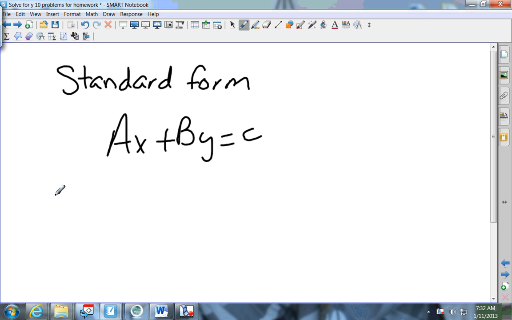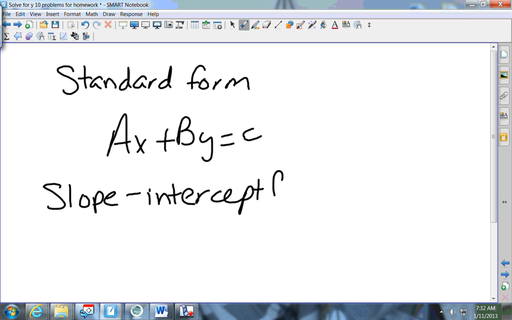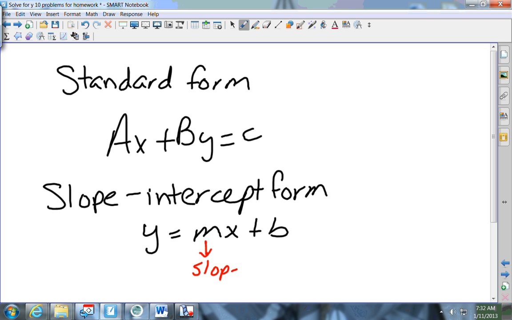We need it into slope-intercept form in order to put it into the calculator or to graph it. And that's y equals mx plus b. Remember that m is the slope and b is the y-intercept.